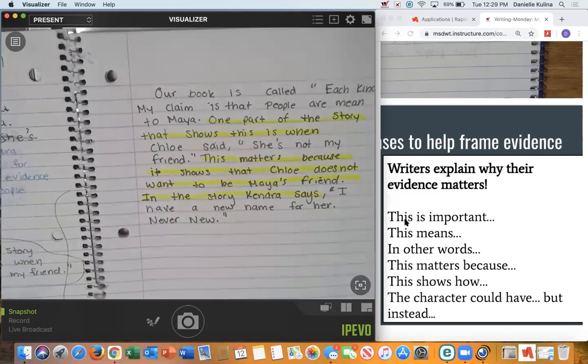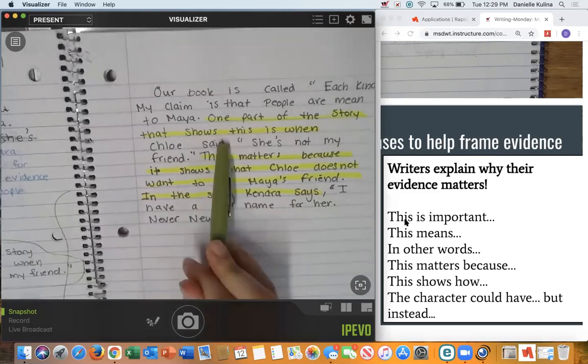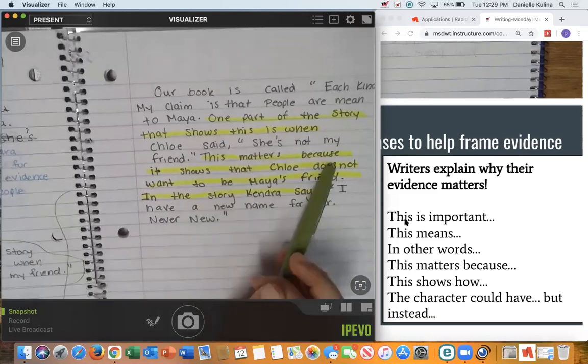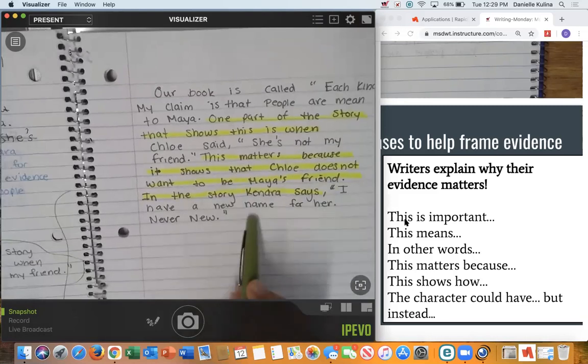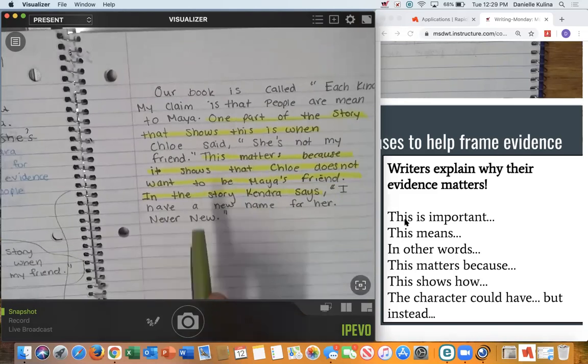All right, so here are all the phrases we could start our next sentence with. So remember our other sentence when we were explaining why Chloe's quote matters, we said this matters because it shows that Chloe does not want to be Maya's friend. How can we start this explanation for Kendra's quote? We could say, this is important.